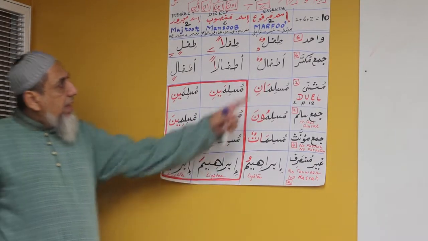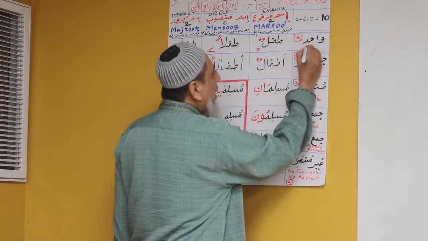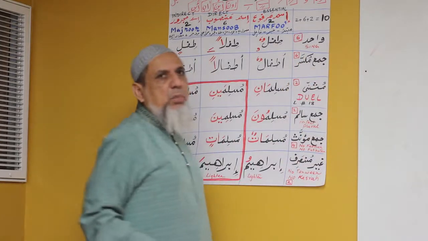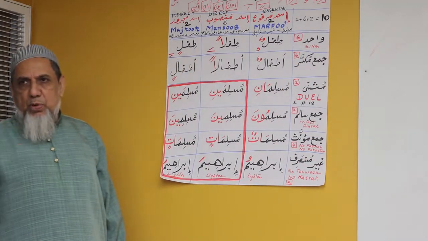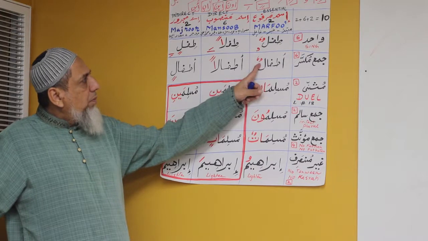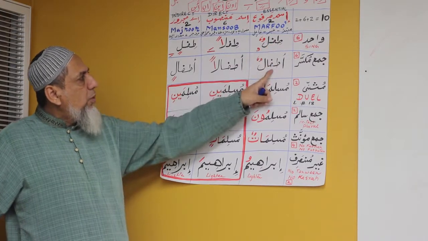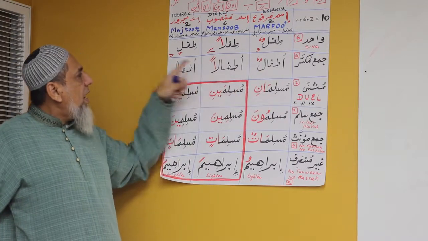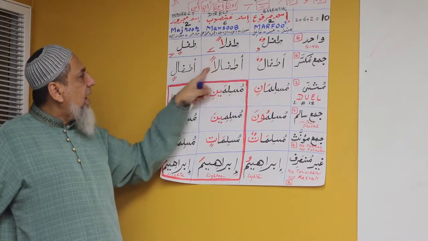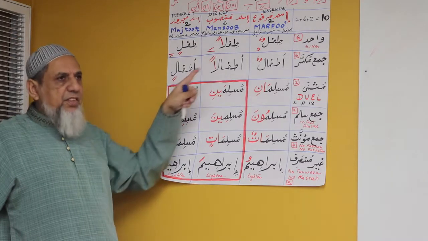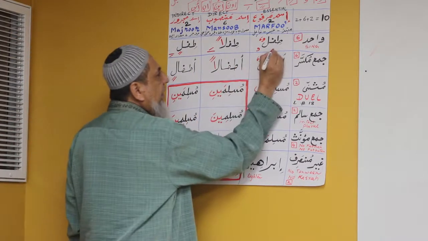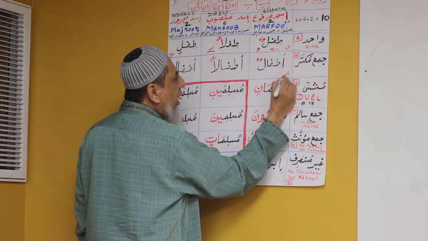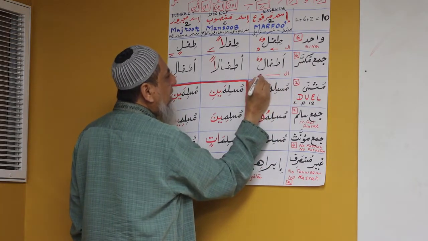Now, this has to do with the singular. Now we are talking about jam' mukassar, broken plural, atfalun. Atfal is the broken plural of tiflun. Atfalun, atfalan, atfalin. The same case here: if it comes after al, the al will make it khafif.